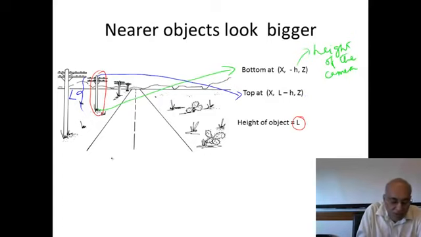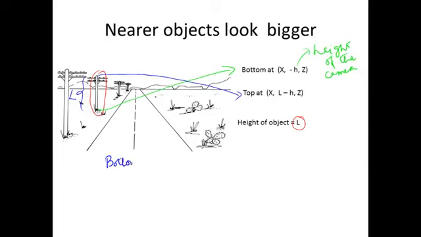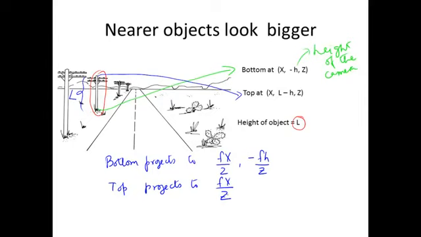So what does the bottom project to? It's going to project to fx upon z, comma, minus fh upon z. And what does the top project to? fx upon z, comma, f(L minus h) upon z.